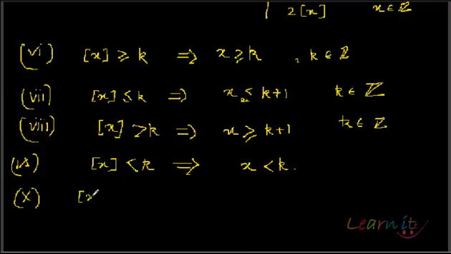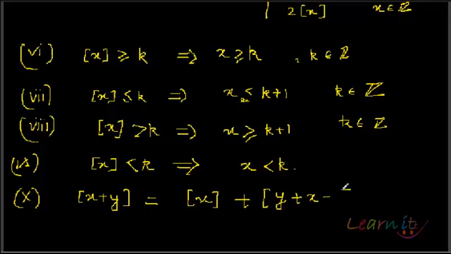Two more properties to go, and in fact this one property says that the greatest integer function of x plus y should actually be equal to greatest integer function x plus the greatest integer function y plus x minus greatest integer function x. These two values actually should be equal. That's what the property says.